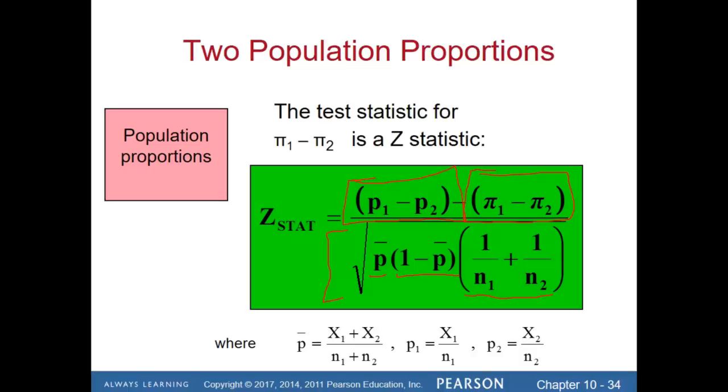And just in case you needed to refresh your memory on any of those subordinate computations, they're down here at the bottom of the screen. So we're going to compute a Z statistic, compare that to a critical value of Z that we determine based on our chosen level of alpha, and that's how we're going to evaluate our hypotheses.